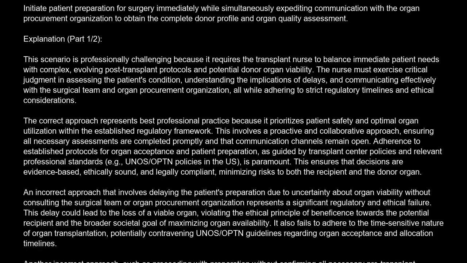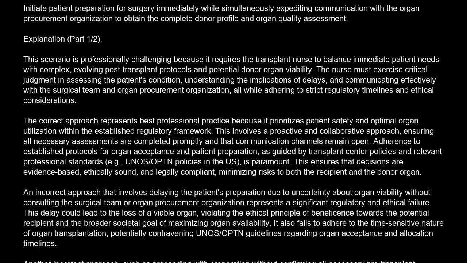The nurse must exercise critical judgment in assessing the patient's condition, understanding the implications of delays, and communicating effectively with the surgical team and organ procurement organization, all while adhering to strict regulatory timelines and ethical considerations. The correct approach represents best professional practice because it prioritizes patient safety and optimal organ utilization within the established regulatory framework.